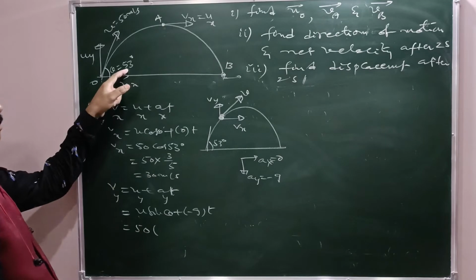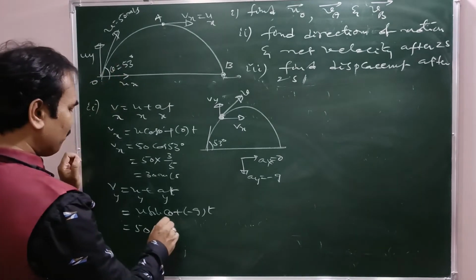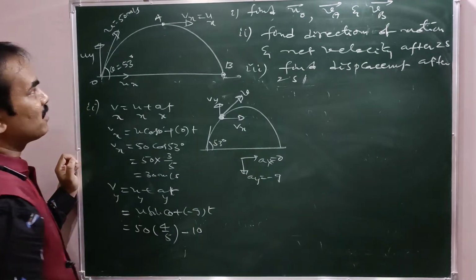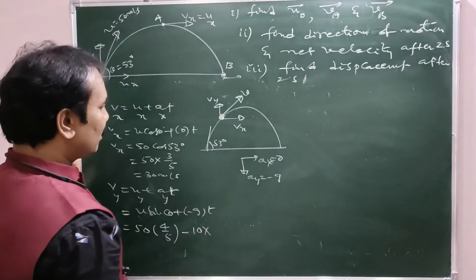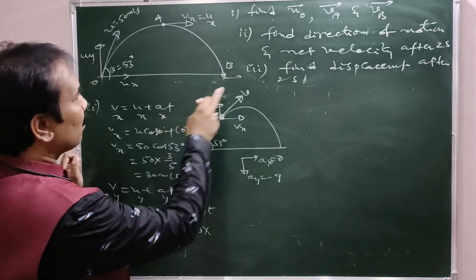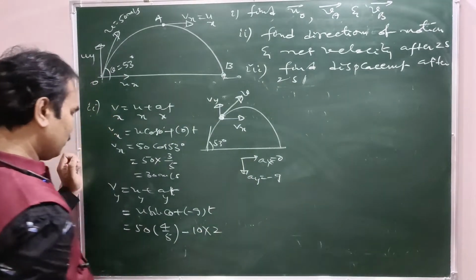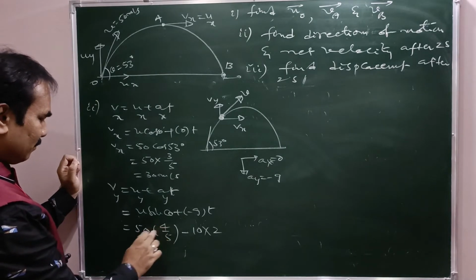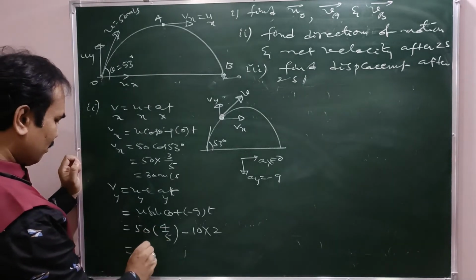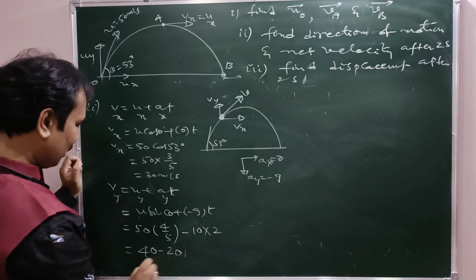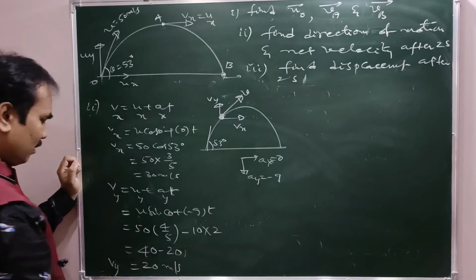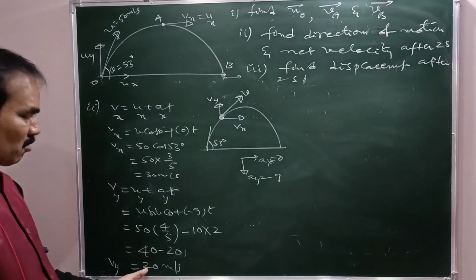Sin 53 means 4 by 5, plus or minus g, take 10 for example, into t. After 2 seconds, 50 by 5 is 10, 10 into 4 is 40, minus 20, that is 20 meters per second. So Vy becomes equal to 20 meters per second.